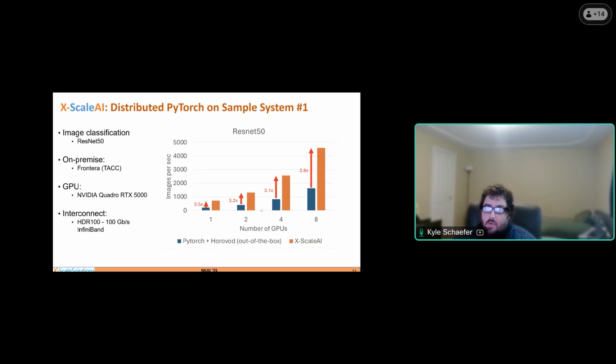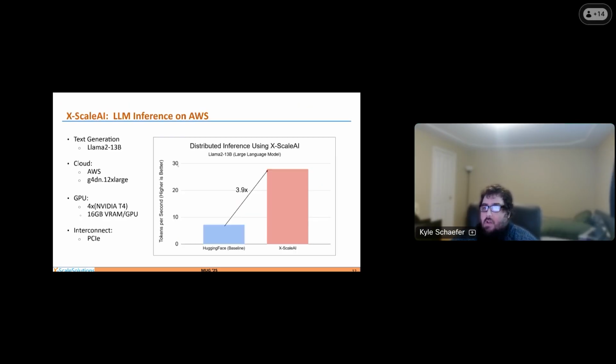So here's a sample on an on-premise system, Frontera, using image classification, ResNet 50. We're using NVIDIA Quadro RTX 5000s, and our interconnect is InfiniBand. We're comparing just the out-of-the-box PyTorch and Horovod to the enhanced X-Scale AI, and we're looking at the images per second as we scale the number of GPUs.